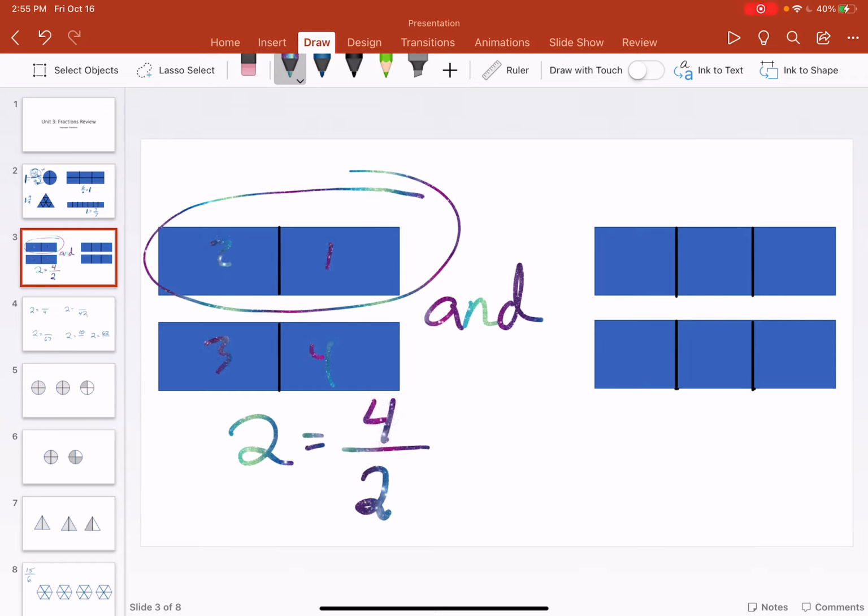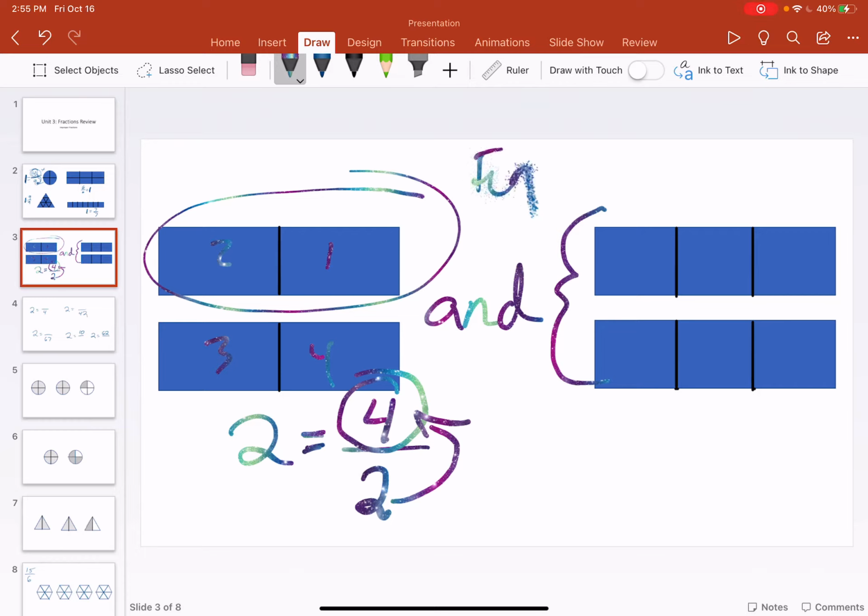So I have 4 over 2, and I can prove that it's equal to 2 because I can take 4 and divide it by 2, and I know the answer is 2 because 2 times 2 is 4.